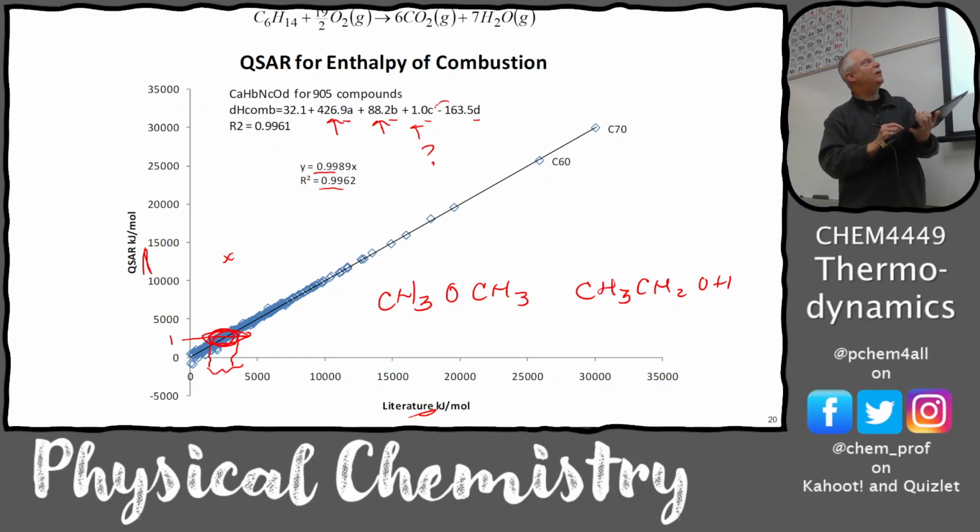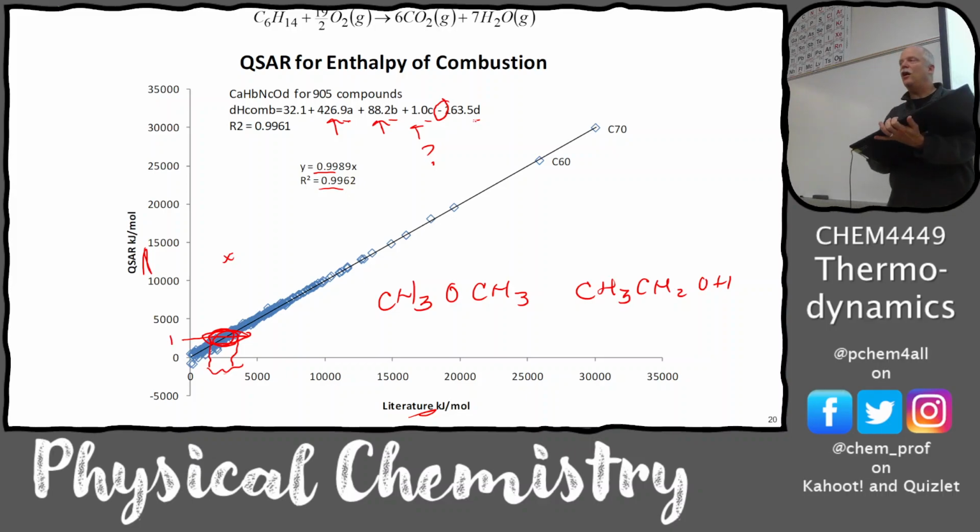But look at this number here, that's negative. So for every oxygen that you already have in your formula, you lose a lot of kilojoules. And that makes sense because you're reacting with oxygen. If I'm already reacting my fuel, then I don't have the energy density that I need, or have less energy density. This is why I'm really against putting ethanol in our fuel system. We're lowering the amount of energy per gallon because we're already putting oxygen in there.